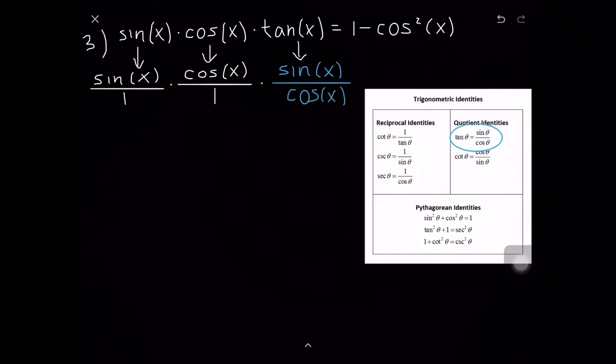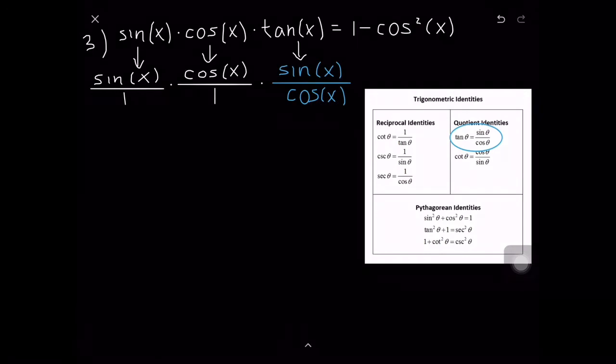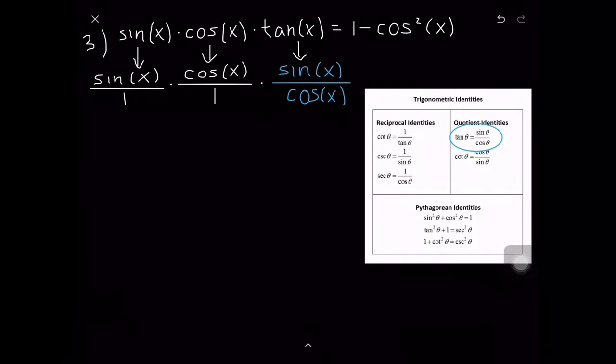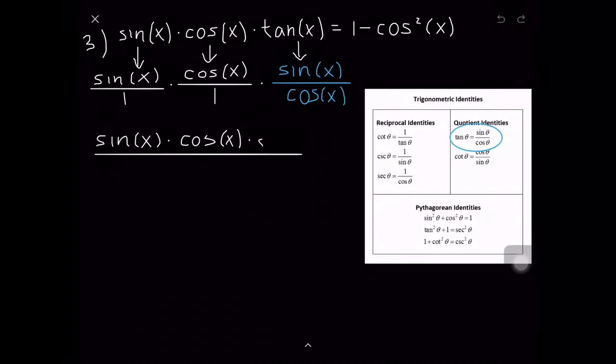So now that everything is in sine and cosine, we can multiply these three factors, and we'll get sine of x by cosine of x by sine of x over cosine of x.